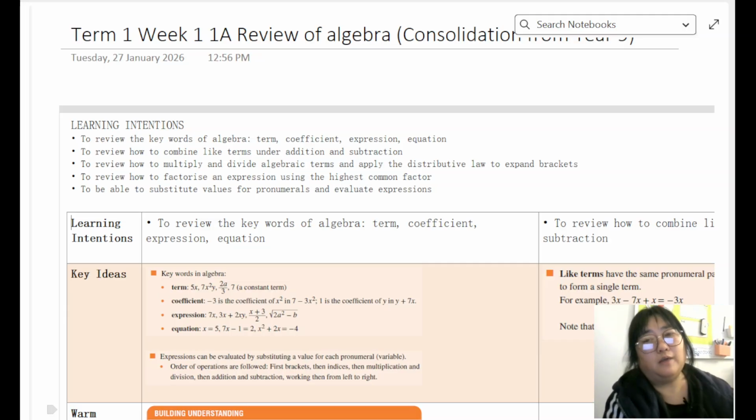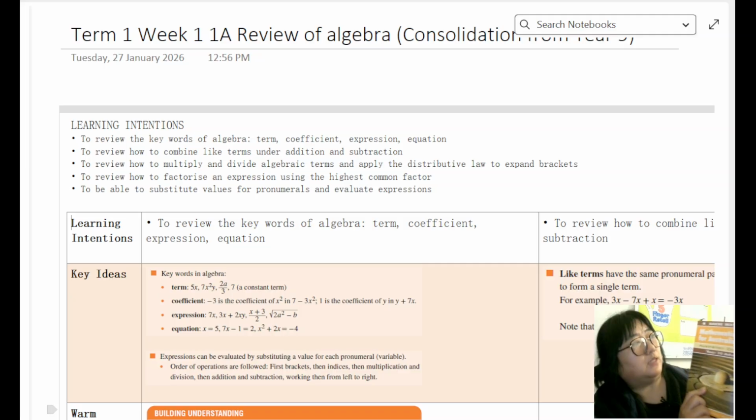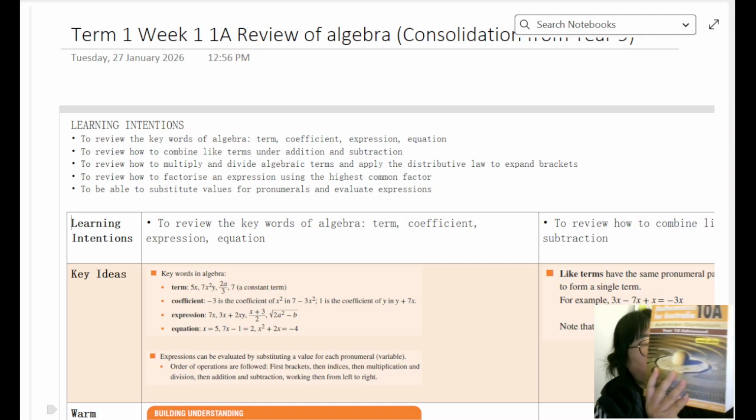I will use my OneNote, the OneNote I use for my students in class, to teach the Year 10 contents in this video. In my OneNote, you can probably find I also use two different textbooks. One is this very famous Hayes textbook, Mathematics.